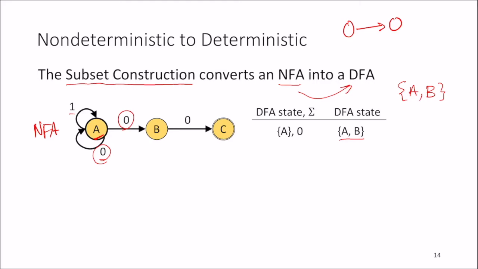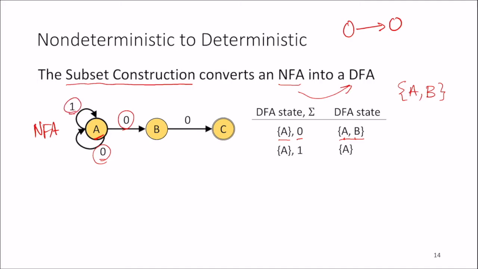So if I'm starting from the start state, this set just contains the start state and nothing else. And then on input symbol 0, I can end up in either state A or state B. When you look at this set notation, you should read it out in English as, I'm reaching a set of states, so I can either be in state A or state B. What happens on input 1?